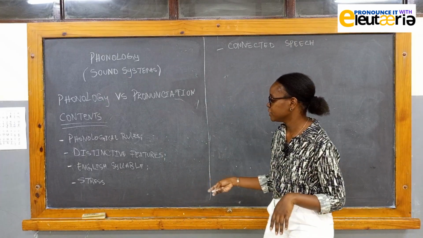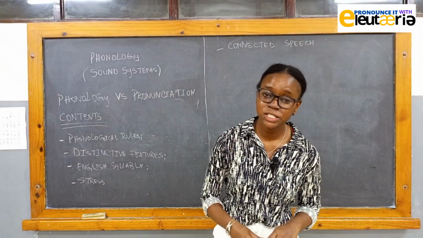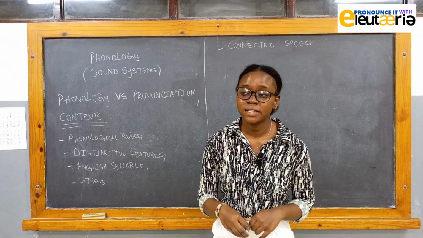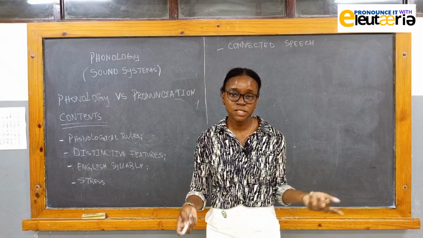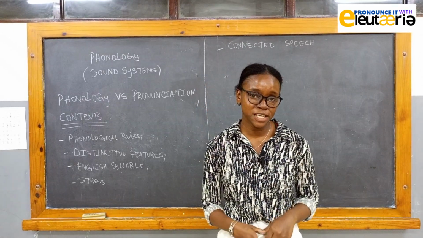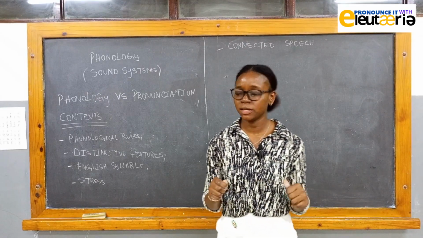And then we have the English syllable. Here you will find out that the English syllable, if you are a Portuguese speaker, is way different from what you do with Portuguese syllables. In English, it is very different and interesting at the same time. And I promise you that it is going to be interesting.